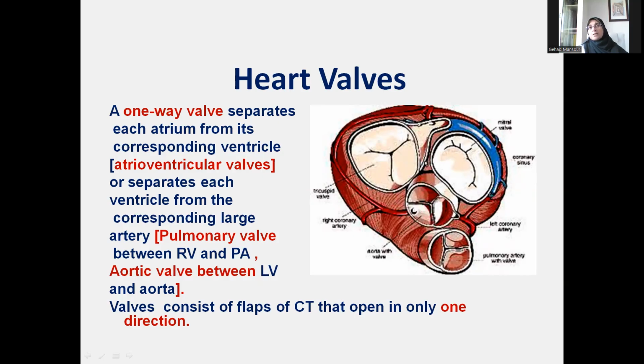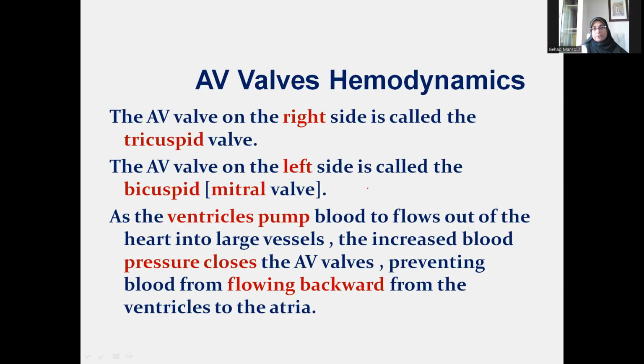So you would say that it allows the passage of oxygenated blood from the left ventricle to the aorta during ventricular systole and prevents backward flow of blood from the aorta to the left ventricle during left ventricular diastole. And meanwhile, you also have to mention the type of the blood. So it's a lot of details if you are explaining the function of a specific valve.